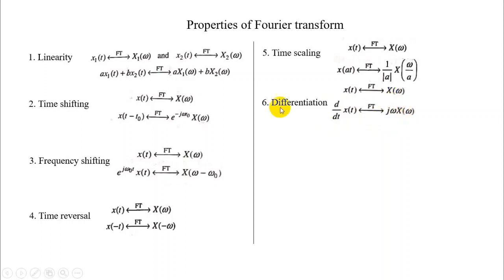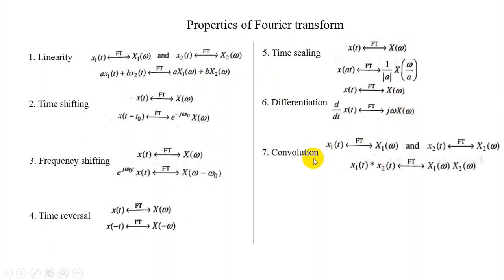I am discussing the basic properties of the Fourier transform, and only very few of them. You need to study more, and I am only discussing those that will be important and helpful for the next videos or slides.